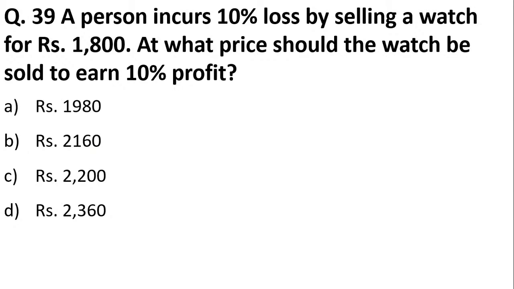A person incurs 10% loss by selling a watch for rupees 1800. So the loss percentage is 10, and the selling price is 1800. At what price should he sell so that he earns 10% profit?